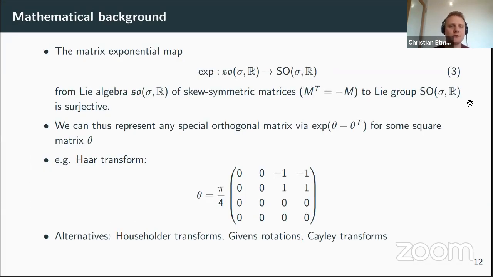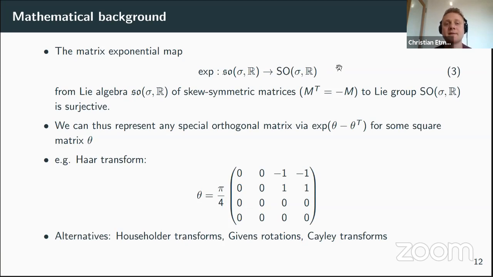So why does this work? The reason is that the matrix exponential map from the Lie algebra of skew-symmetric matrices, meaning matrices whose transpose is equal to minus the matrix itself, to the Lie group of special orthogonal matrices is surjective.